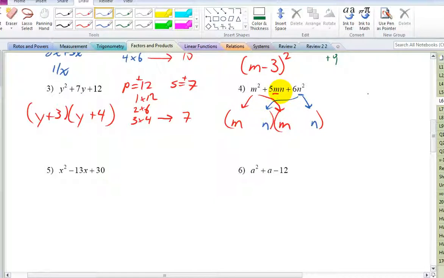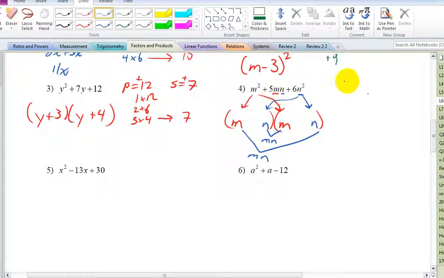And I know that because I have an N in the middle. We get the middle terms from multiplying these two together and these two together. So the middle term helps tell you where your letters should be. One in the front, one in the back. Okay, so that's part of the puzzle that you have to see.